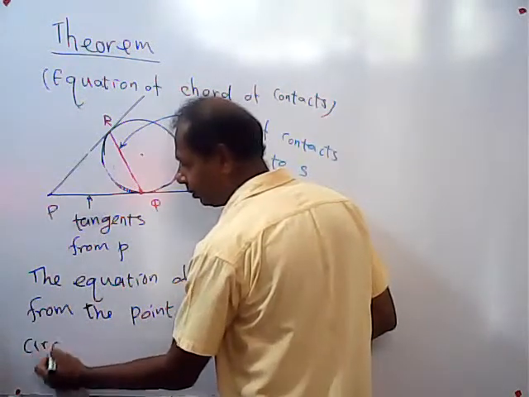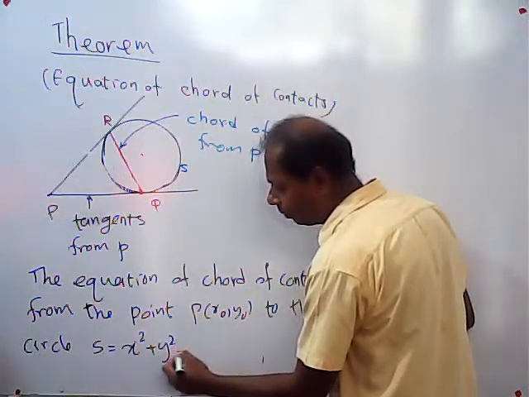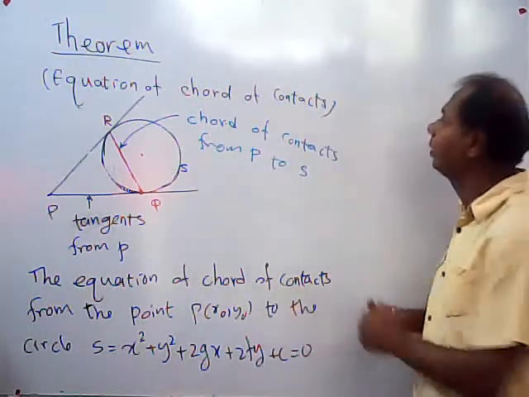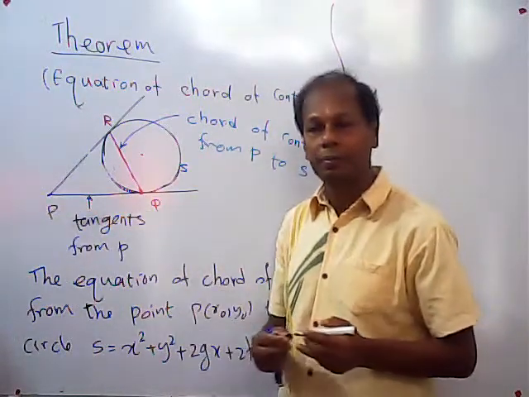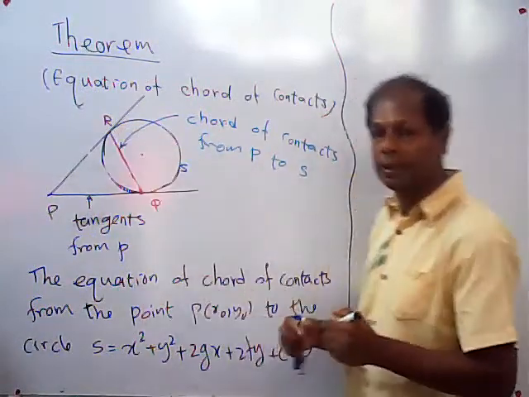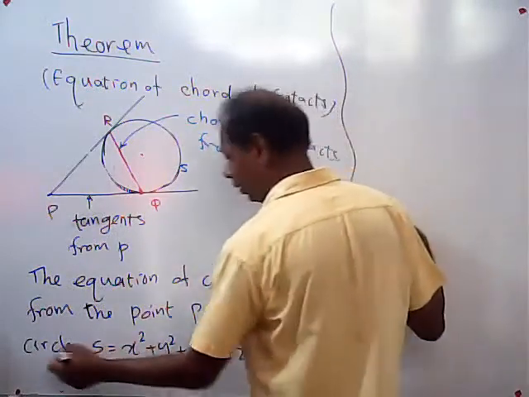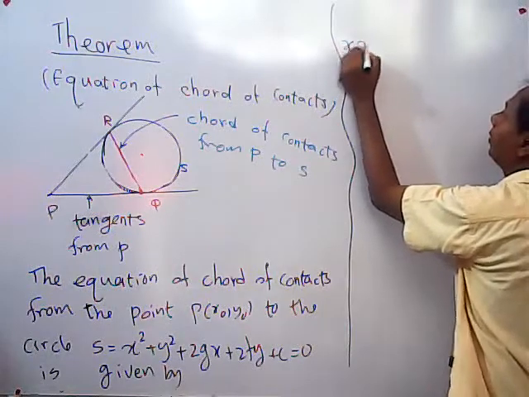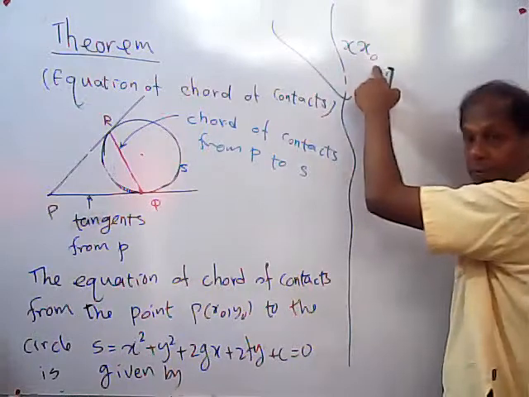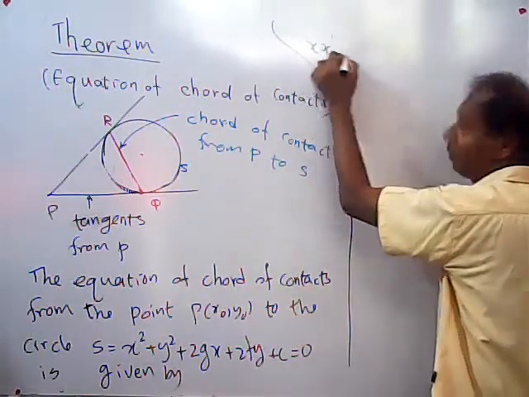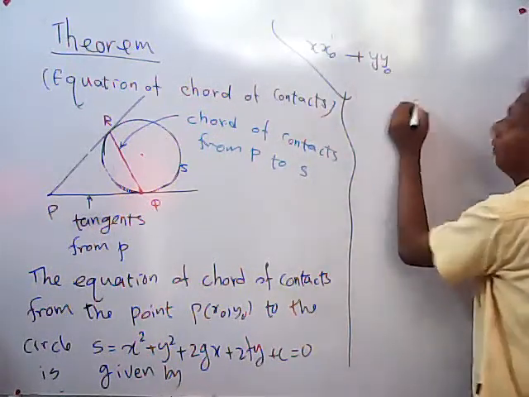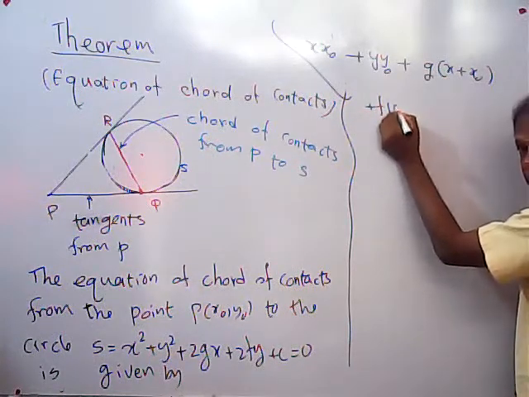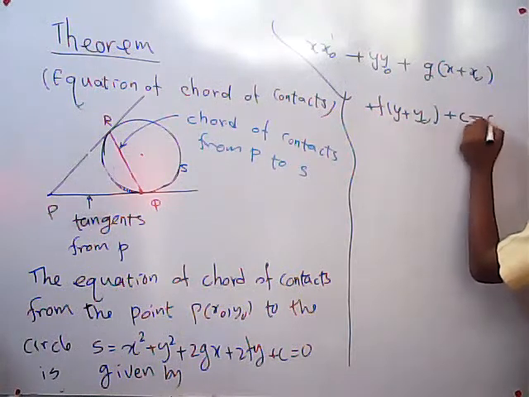To the circle x square plus y square plus 2gx plus 2fy plus c equals 0, this is the circle and this is the point P outside the circle, the equation of this chord of contact is given by x x naught plus y y naught plus g times (x plus x naught) plus f times (y plus y naught) plus c equals 0.